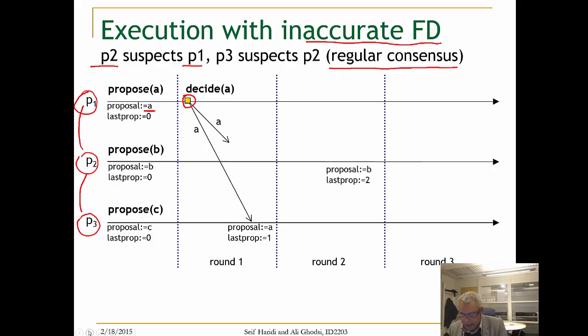And that is what he has done here. So he moved to round 2, and his proposal value is B, as we can see here. On the other hand, P3 accepted the proposal from P1, so now he changed his proposal to be A. And the last proposer, the one that proposed the last time, was P1, so it says P1 here.